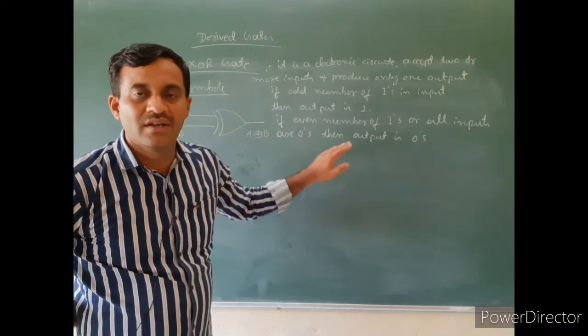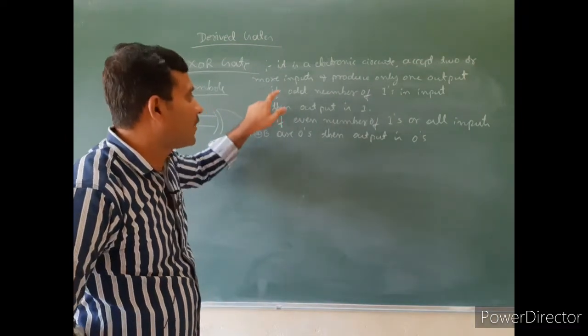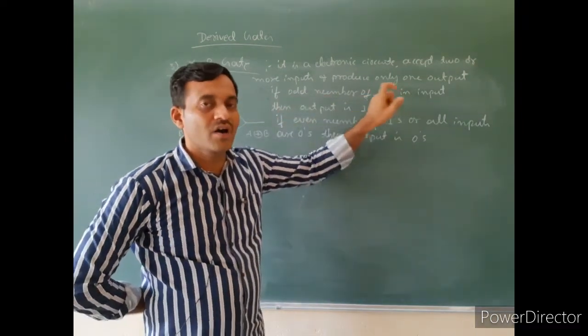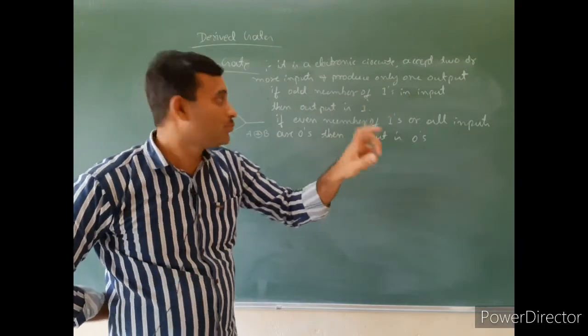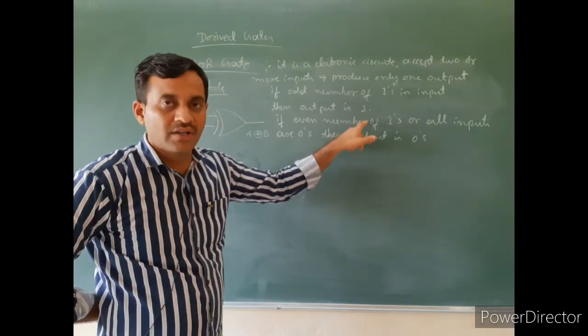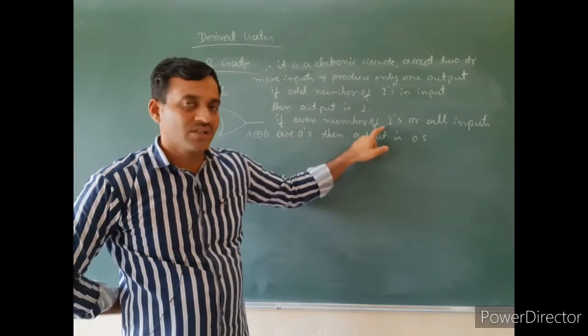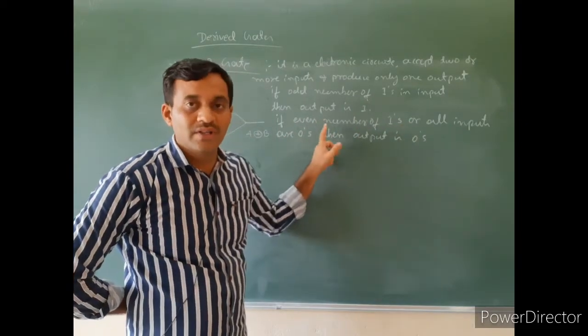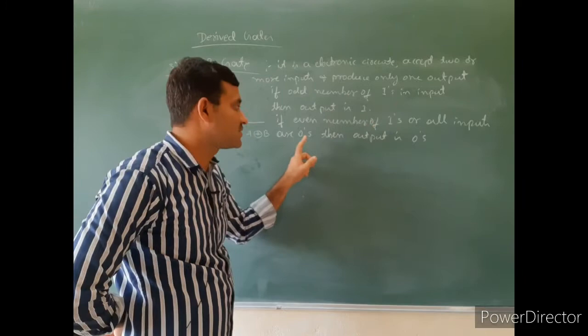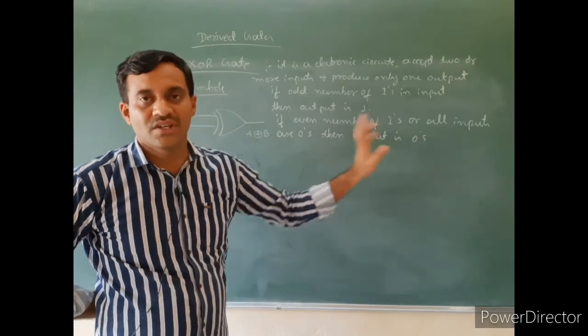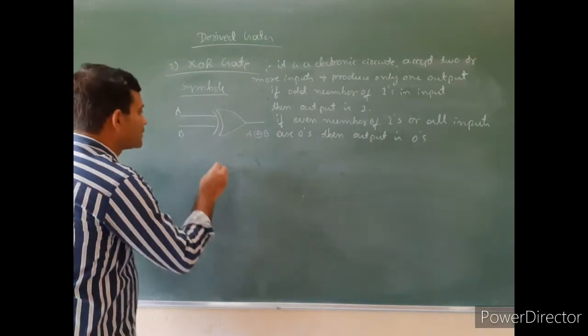Carefully observe the working principle. If odd number of ones in input, then output is 1. If even number of ones or all inputs are 0, then output is 0. Let's see the truth table.